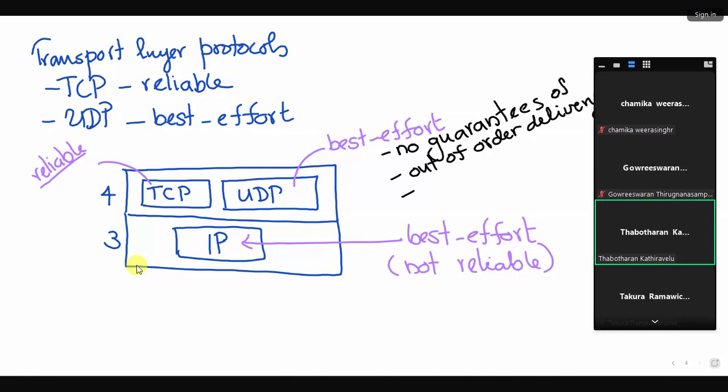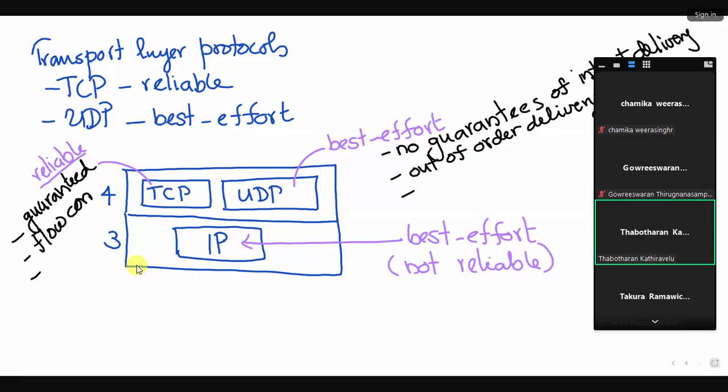Reliable has guarantees of intact delivery, guaranteed minimum delay, and so many other things. In addition to that, there are a few more things.